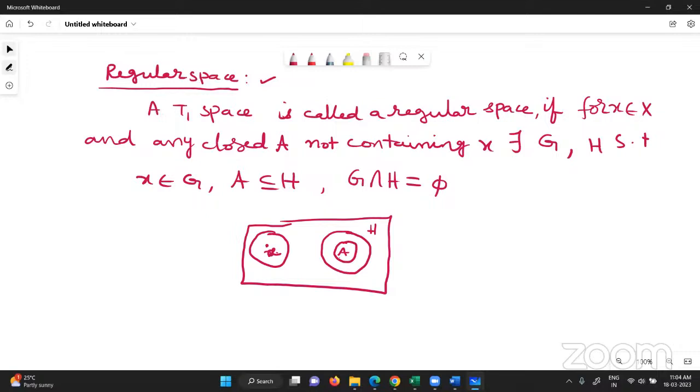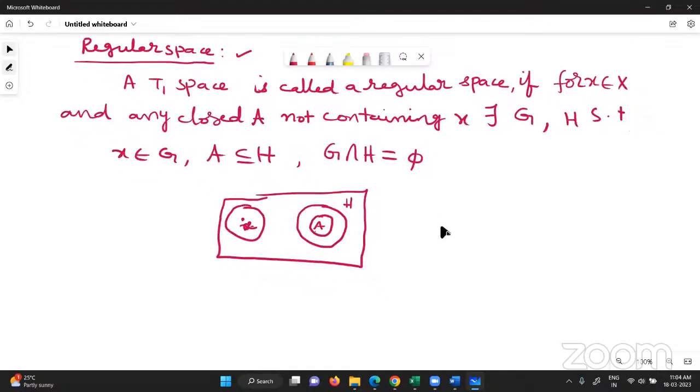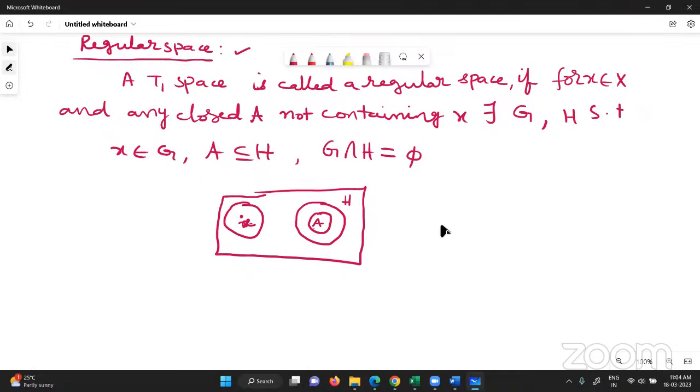So these two are separated. So a T1 space is called a regular space if for every x belonging to X and any closed set A not containing x, there exist open sets G and H such that x belongs to G and A is a subset of H, such that G intersection H is empty. So this is known as a regular space.